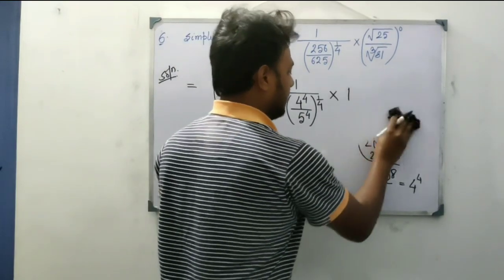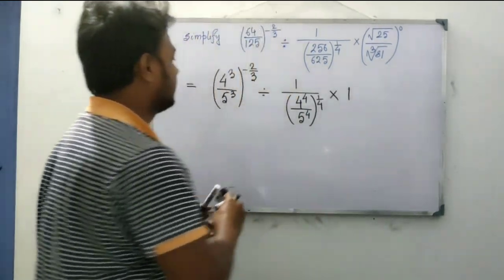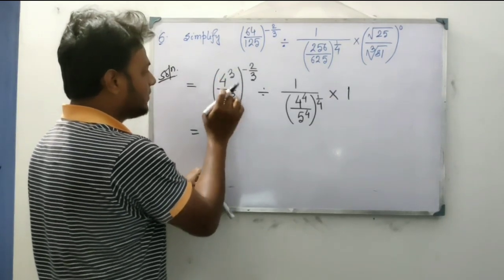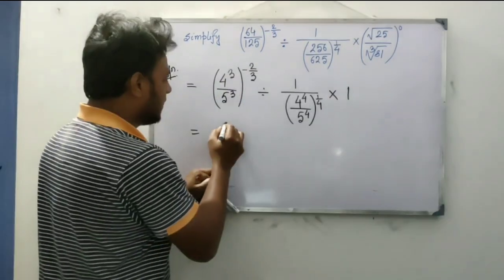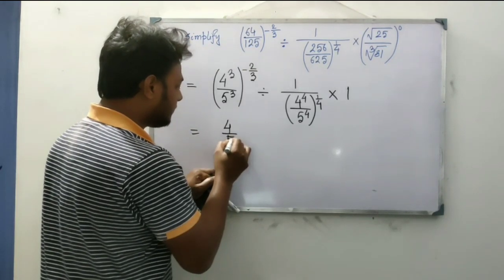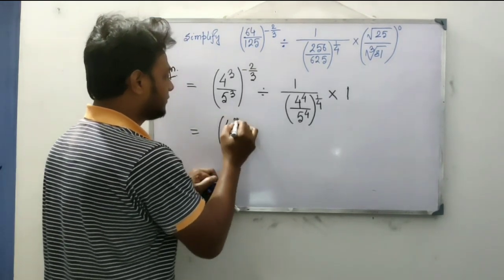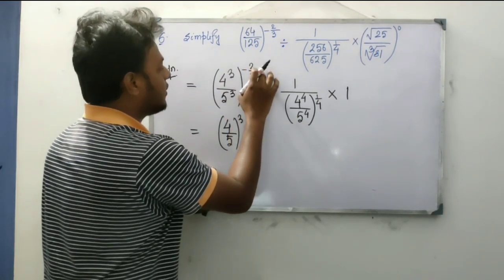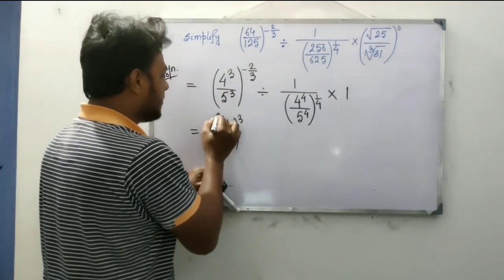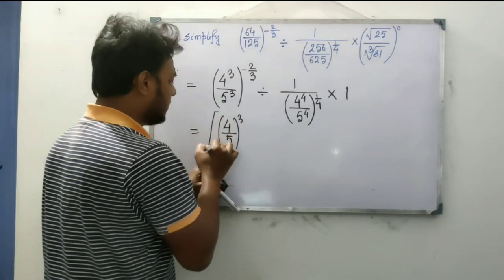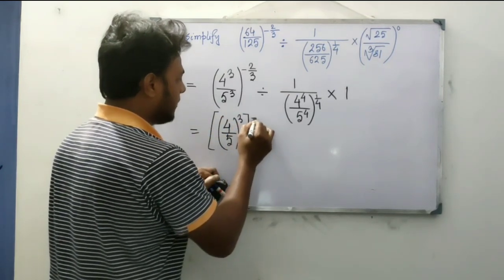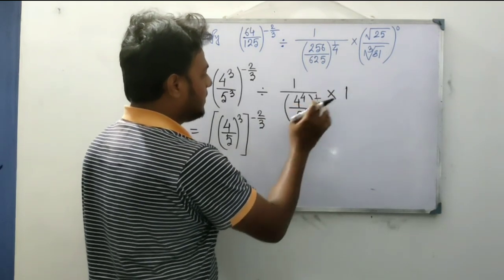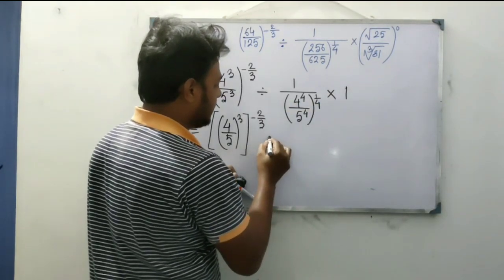Now, this part in the first bracket can be written as (4 by 5) whole to the power 3, only for this part, and outside again minus 2 by 3 is there. So we have to do it in this way, minus 2 by 3, understood? And this into 1 means this part itself.